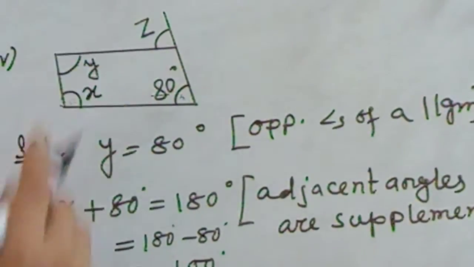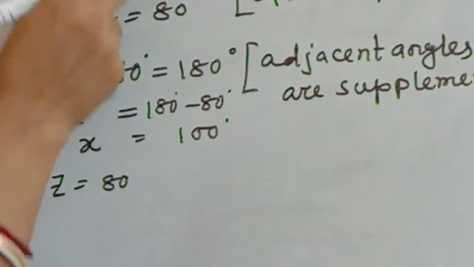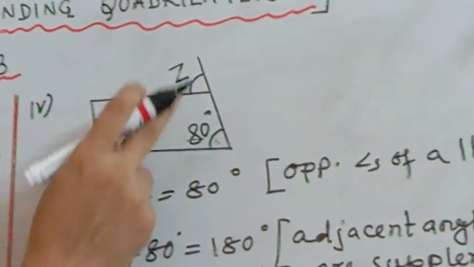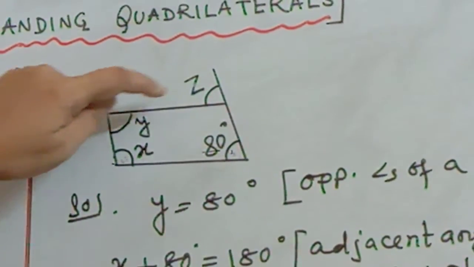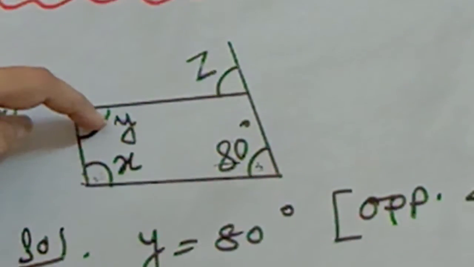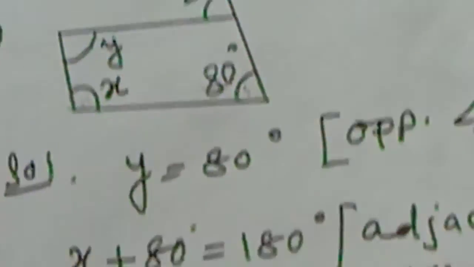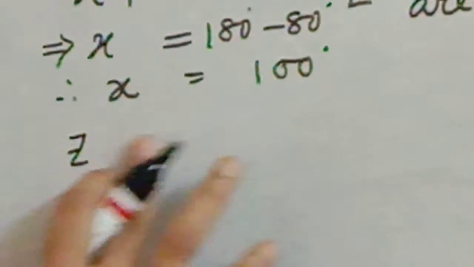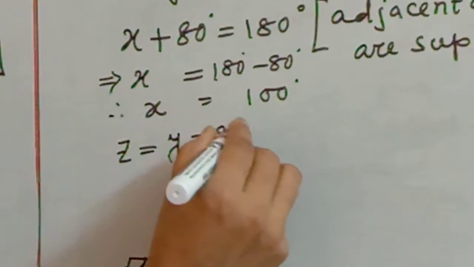Now you need to find z. See the position of z. Z is equal to 80 degrees. They are corresponding angles, and you know that corresponding angles are equal, or you can say that these two are alternate interior angles. In this way also, y is equal to 80 degrees. So you can write, z is equal to y is equal to 80 degrees.